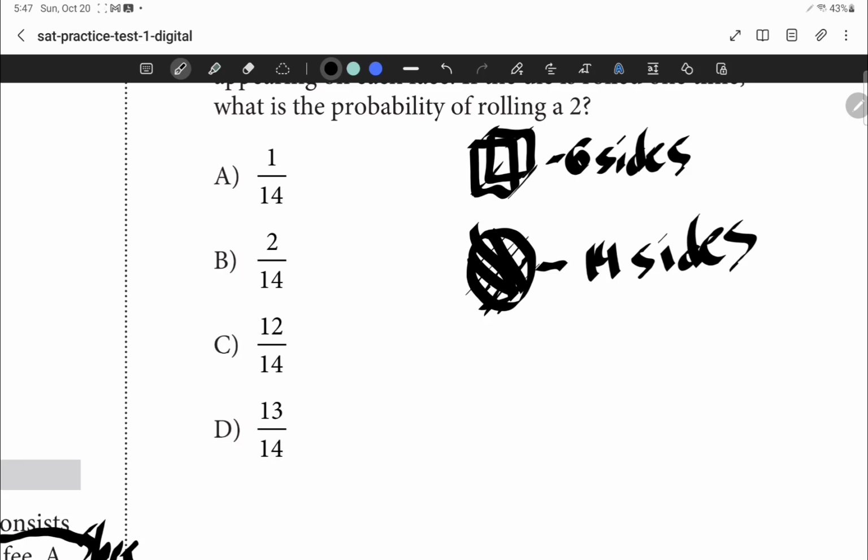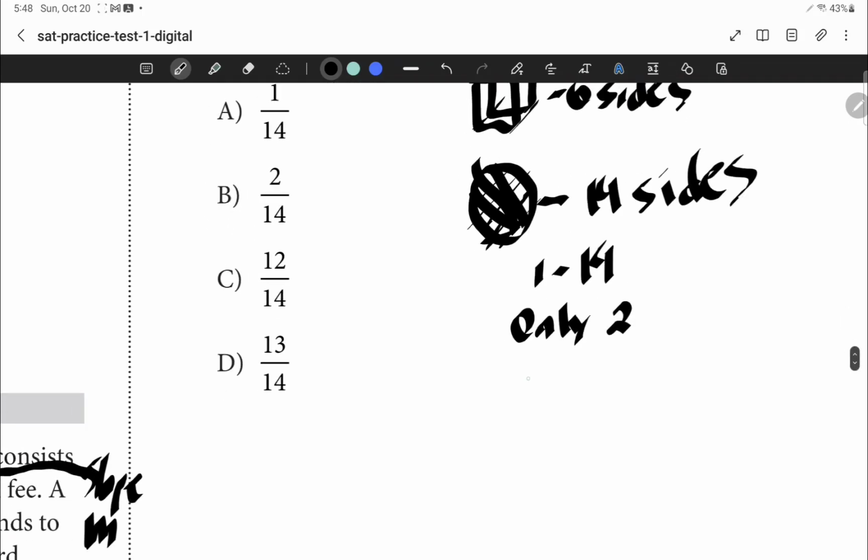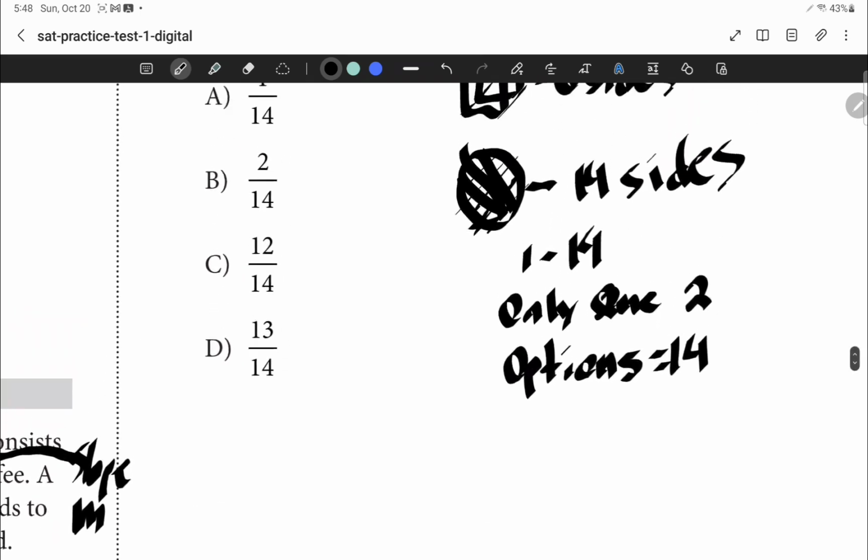Now, whenever we roll it, we have a possibility of getting a 1 through 14. But remember, how many 2s do we have in this one? Only 1, a 2. And we have 14 options, okay?